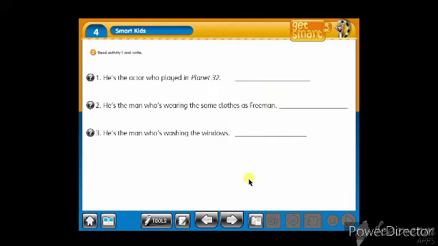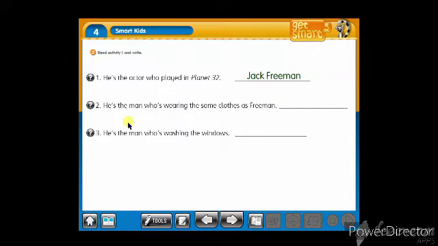Okay, so did you pay attention to the dialogue? He's the actor who played in Planet 32. What's the name of the actor? Jack Freeman. If you don't know the answer, you should go back to the video and watch it again so you have the correct answers.